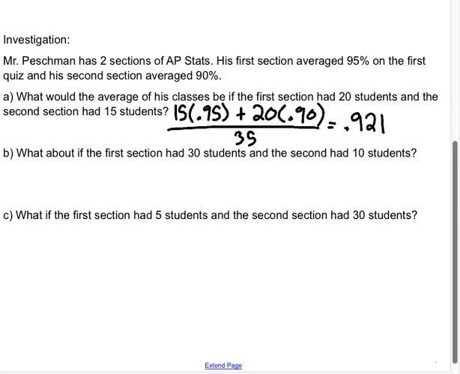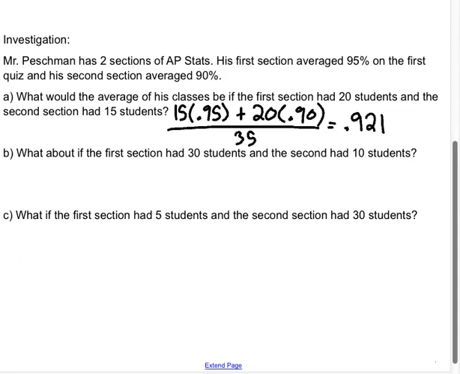It's only 92.1%. Again, it's not halfway in the middle. Why is that? Well, because my second section had more kids in it, so it's more heavily weighting my average than the first section is. So notice when the groups aren't the same, it's going to be manipulating the mean differently.